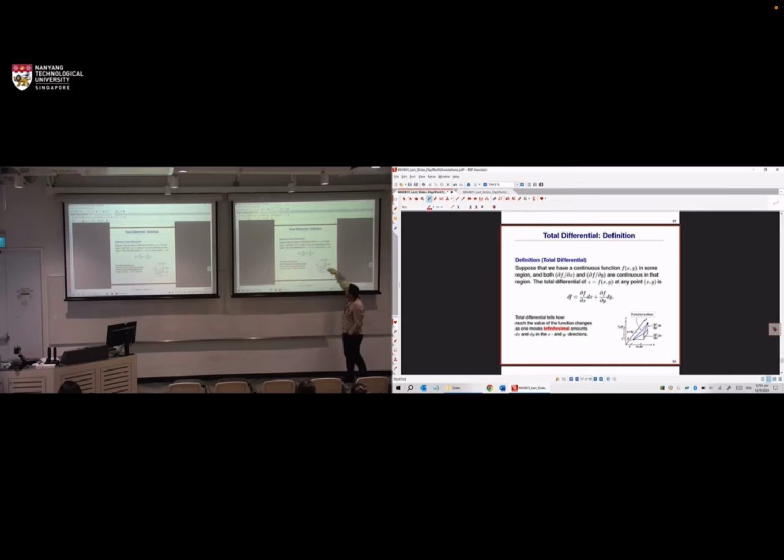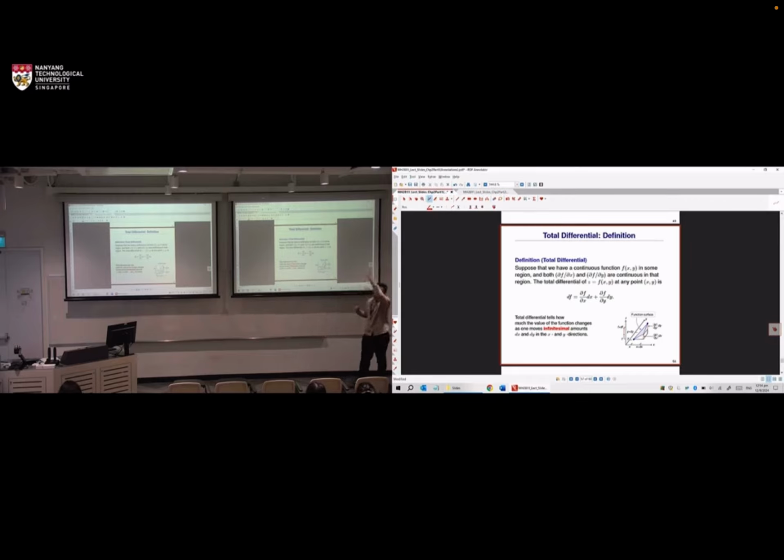Then you also move along the y direction, a small dy. From here you move to here. For this small dy, the change in f will be del f del y times dy.